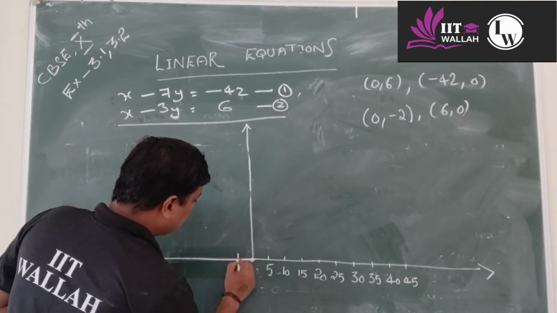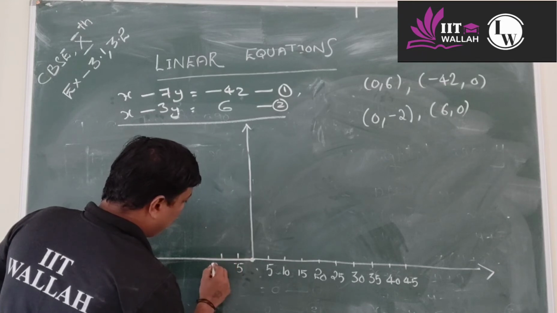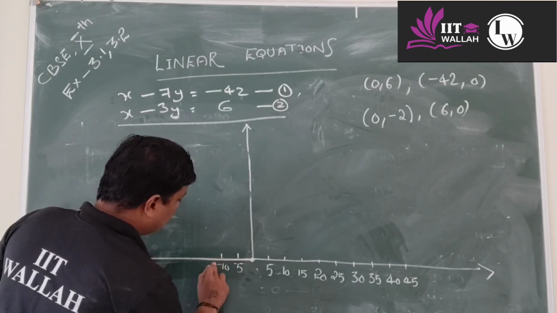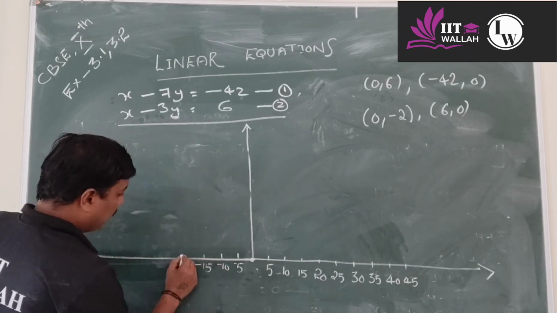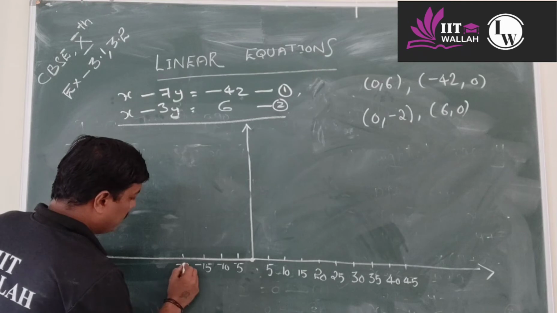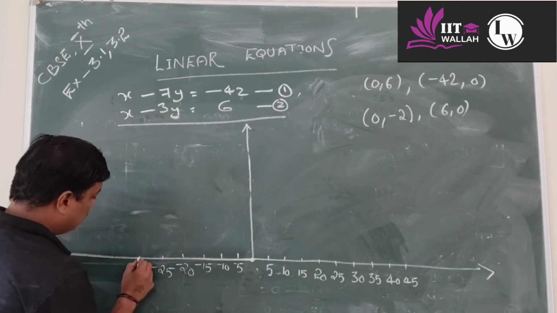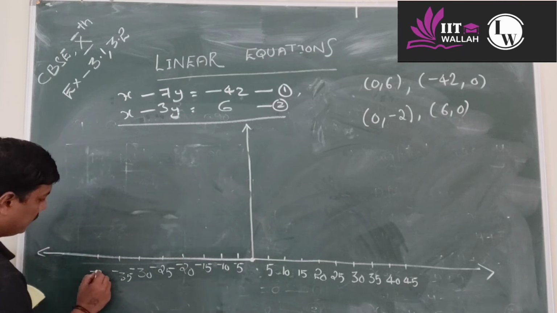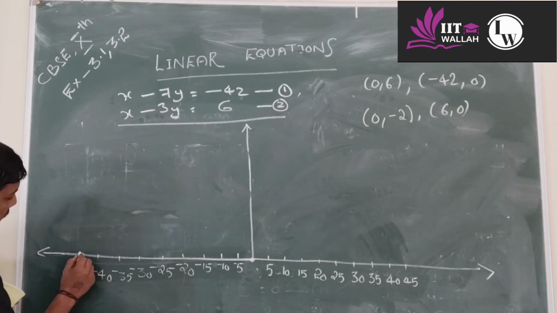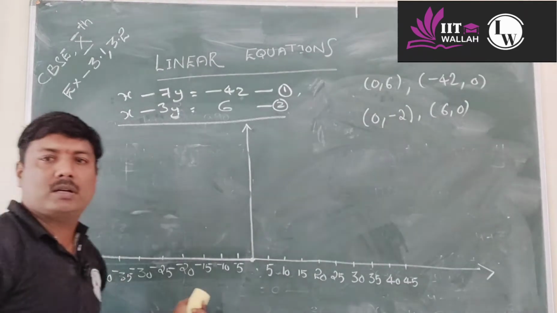So this is minus 5, this is minus 10, this is minus 15, and this is minus 20, and this is minus 25, and this is minus 30, this is minus 35, this is minus 40, this is minus 45. Up to minus 45 I took.